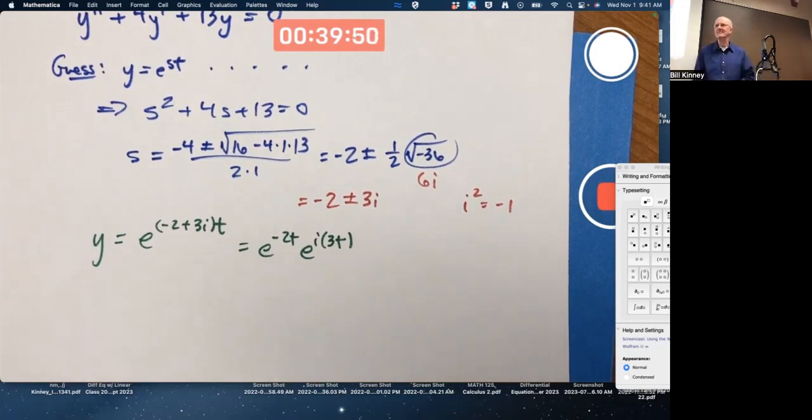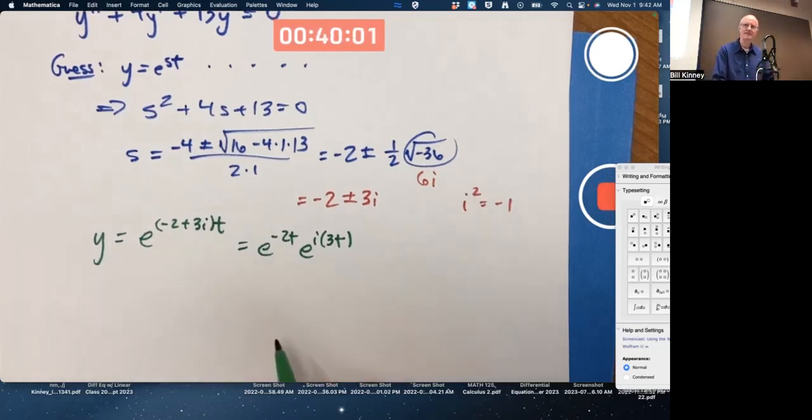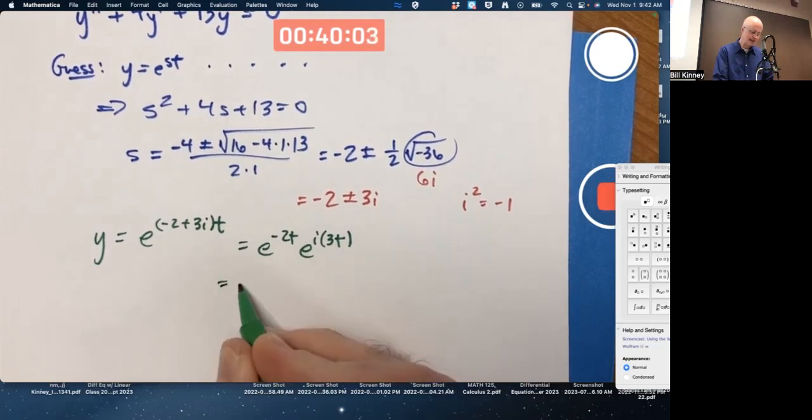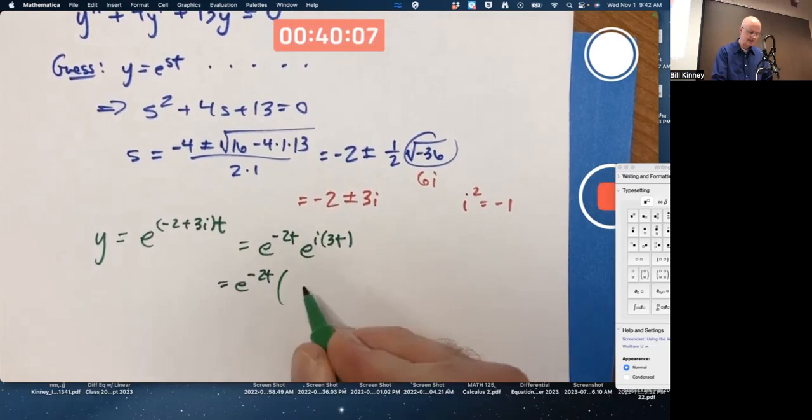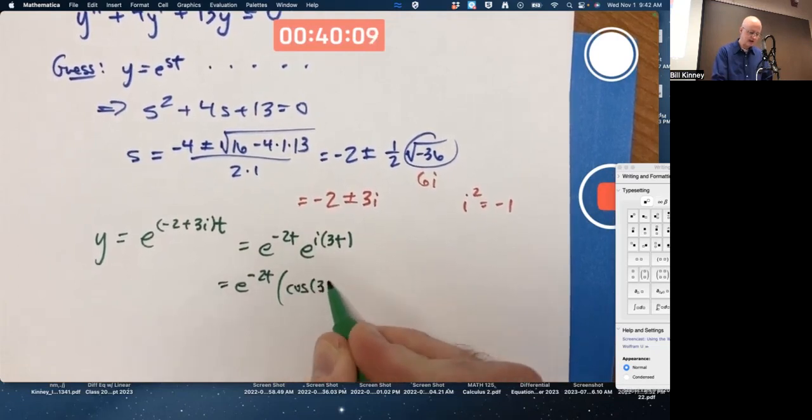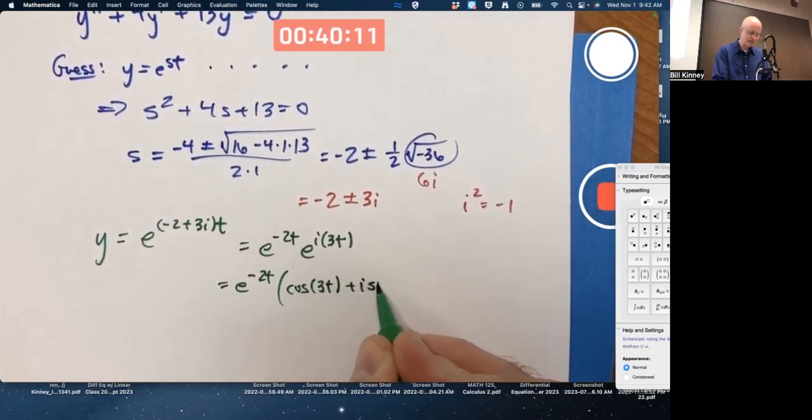If you're interested, 3 Blue 1 Brown's got some videos about it, going into some detail. But we're just accepting that you can do this. And we're also accepting that e to the I times 3t is cosine of 3t plus I sine of 3t.